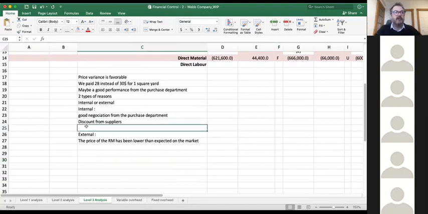I have one that comes to mind. We changed the raw material we bought. Okay, different quality. So we changed the material we bought, so different supplier.